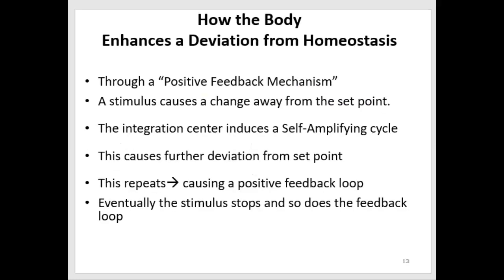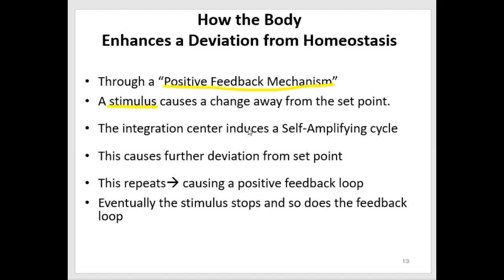So how does that happen? We're going to talk about it a little bit. It happens through something called a positive feedback mechanism. So first there's a stimulus that causes a change away from set point. For example, expansion to a certain point of the uterus. But we'll come back to that.